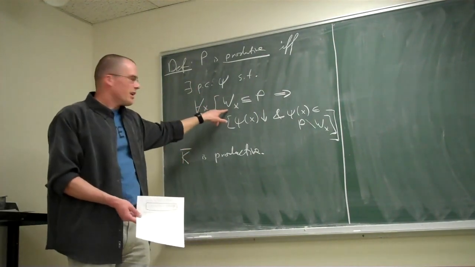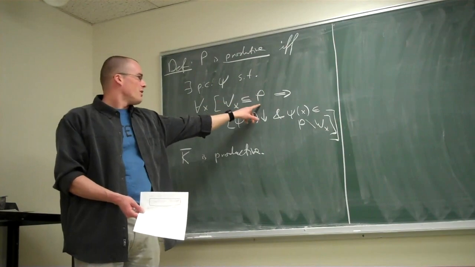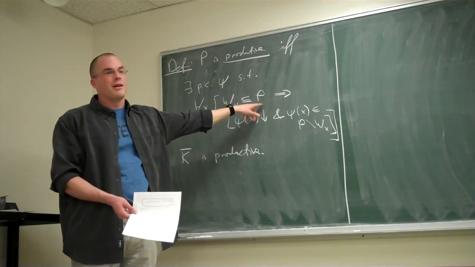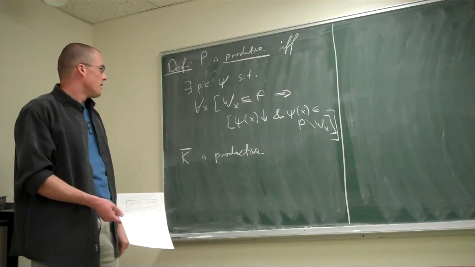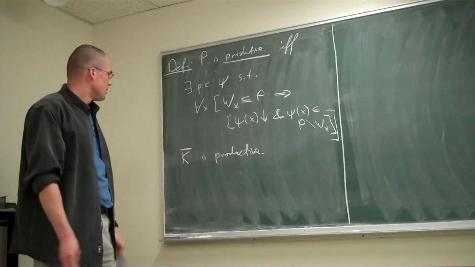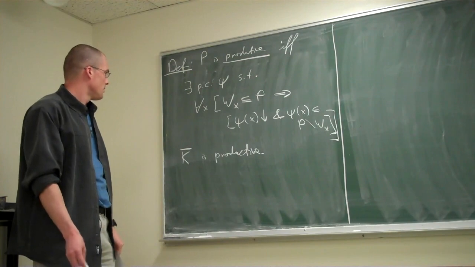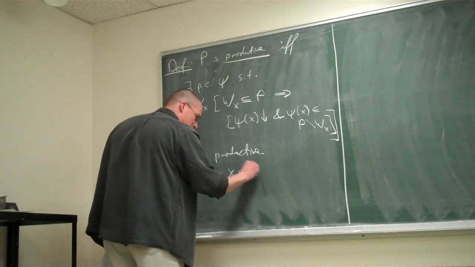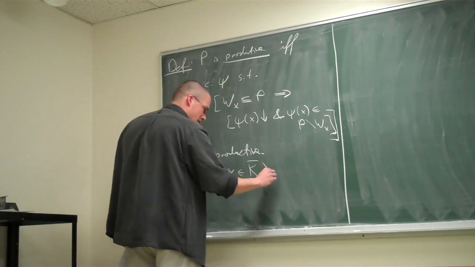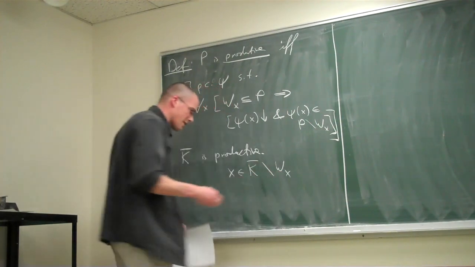But as soon as Wx is a subset of K bar, that means that x should be in K bar minus Wx.